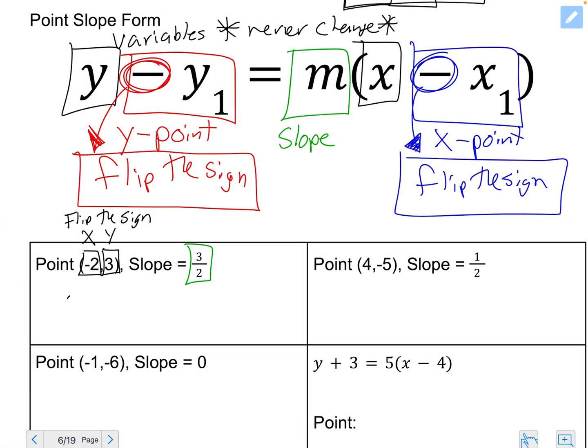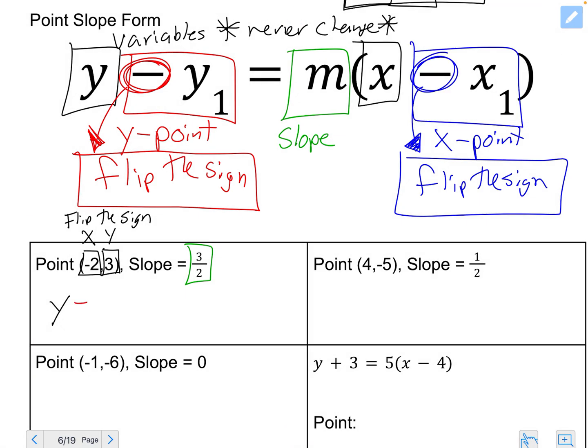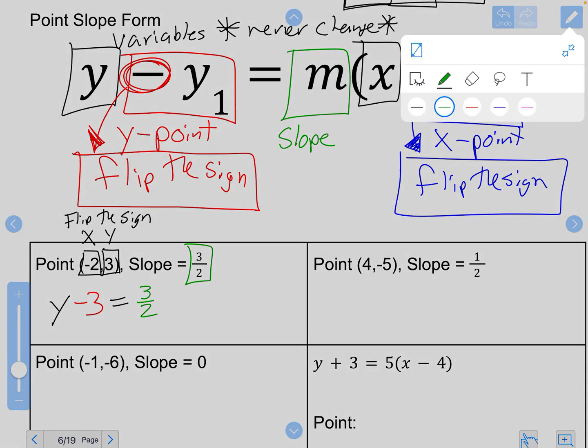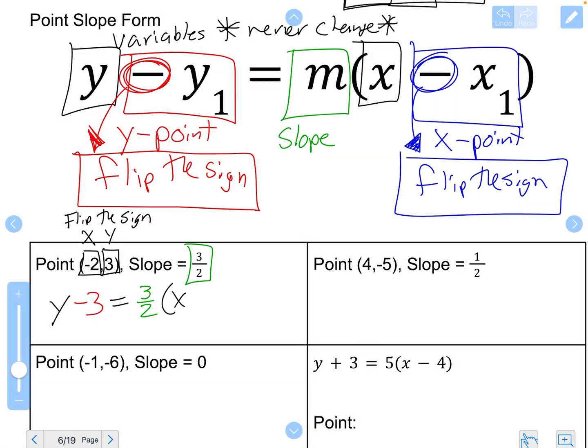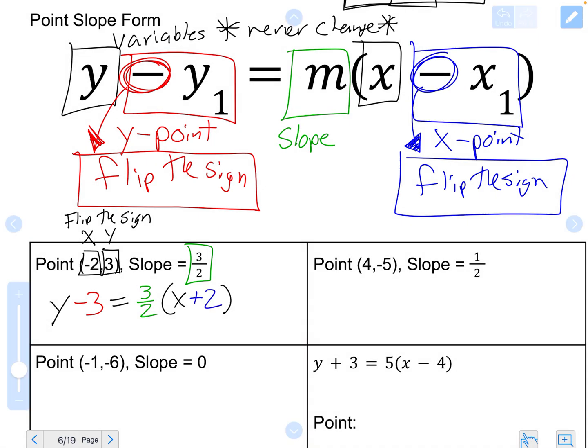So we have y, and then we need to flip the sign of our 3 because our 3 is positive. We're going to put a negative. Then we're going to write our equal sign. The next thing we're going to write is our slope, which is 3 over 2. Then we're going to write our parentheses x, and because we have a negative 2, we're going to flip the negative to a positive. And so this is our answer.